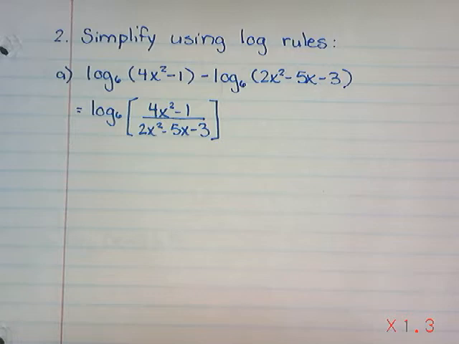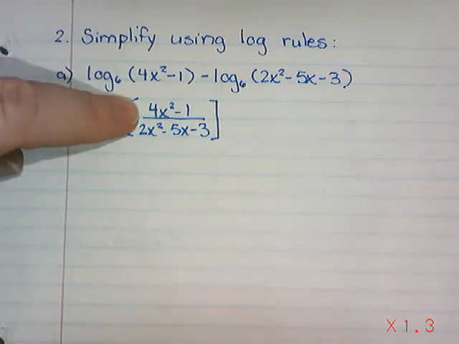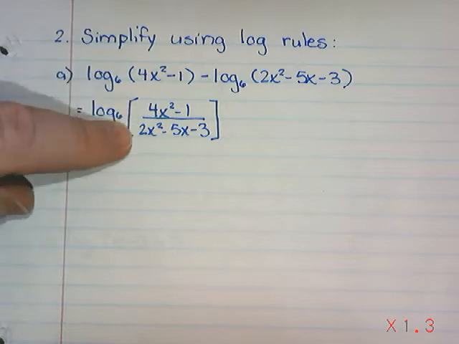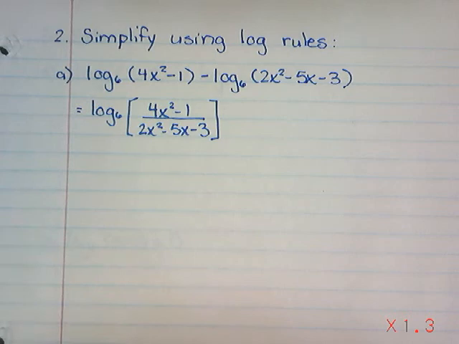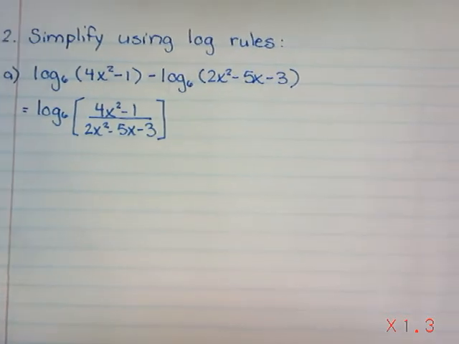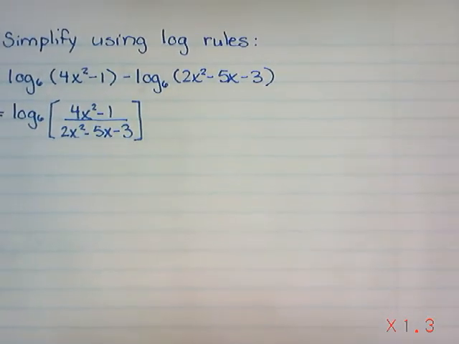It involves using our factoring and reducing skills. I am going to see if we can factor 4x squared minus 1 and 2x squared minus 5x minus 3 to see if they have something in common that we could cancel out. So I'm going to slide over, and in the margin, I'm going to factor those two things.